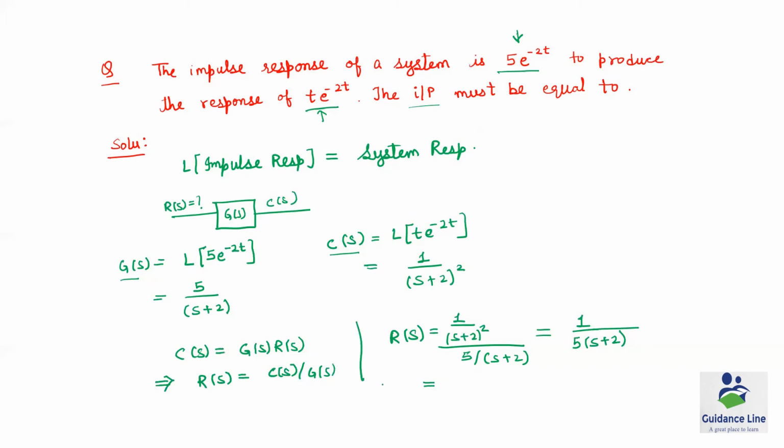So we have this particular value. If I write it in time domain format, I can write it as 1 by 5 e^(-2t). This is the input we have to apply to the system to get this particular output, and the system transfer function is this. Now you can see the things we have discussed and how easily we can solve a numerical corresponding to all those concepts.